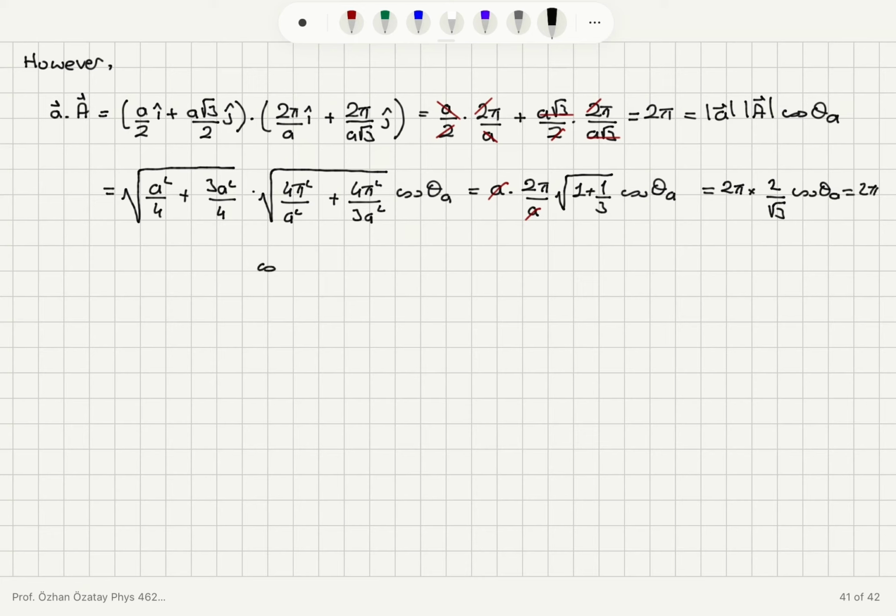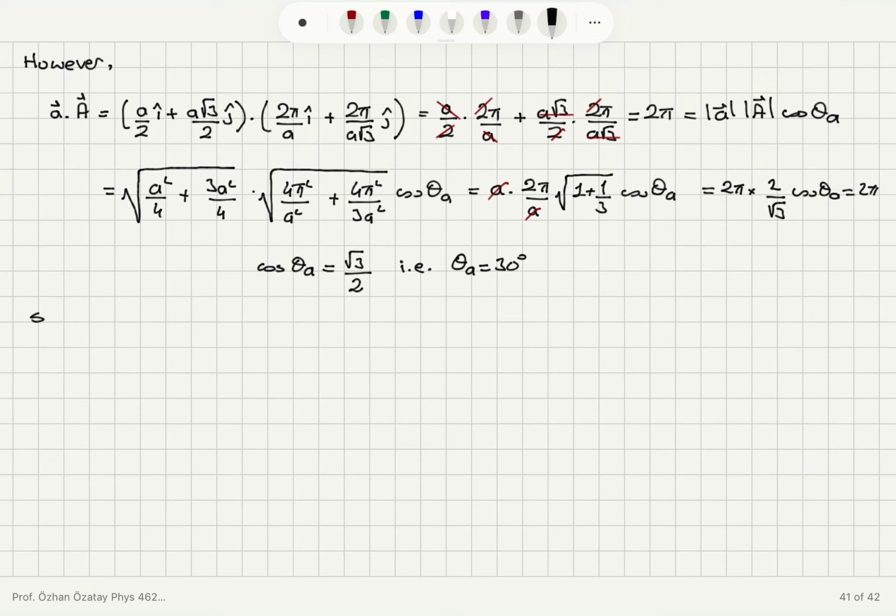So that gives us for cosine theta A square root 3 over 2. So that means the angle theta A is 30 degrees. So there is an angle between the reciprocal lattice vector capital A and direct lattice vector A.